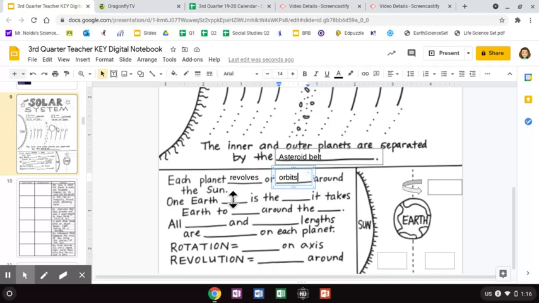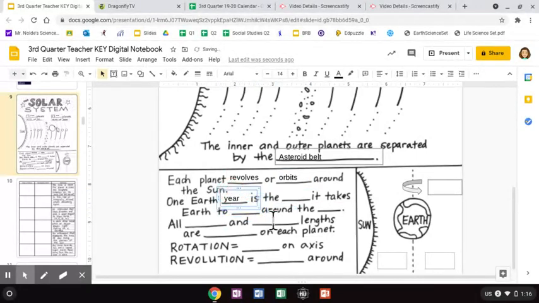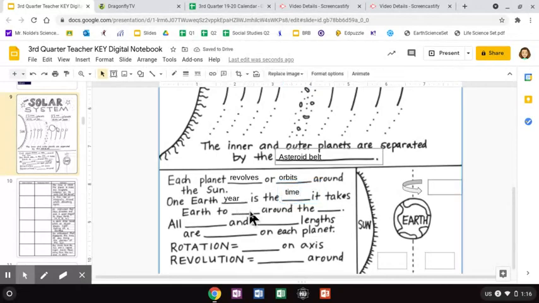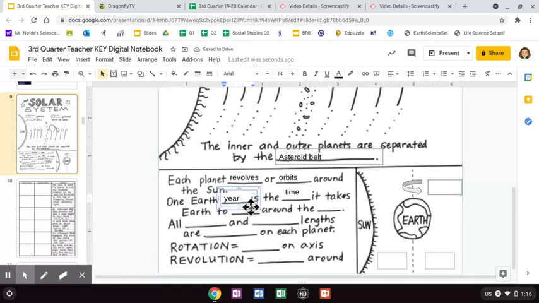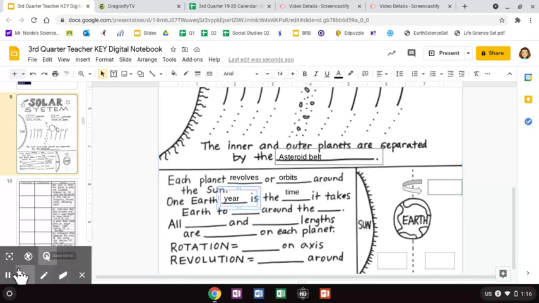One Earth year, and you might want to move your box up a little. 1 Earth year is the time it takes Earth to, you guys are going to have to add a box here.